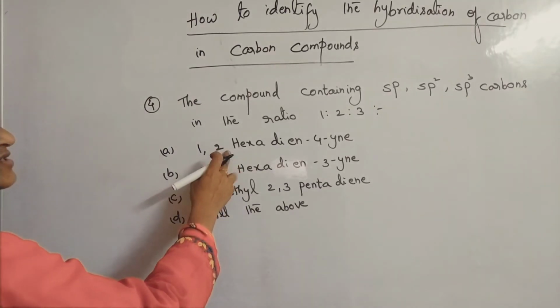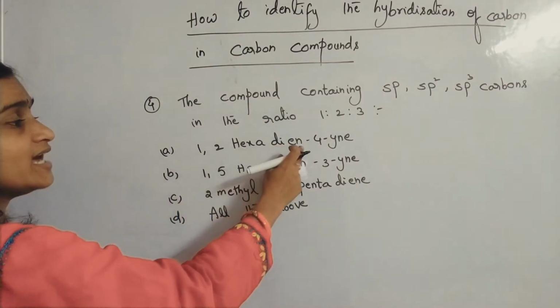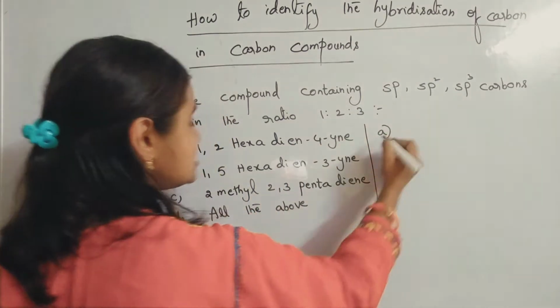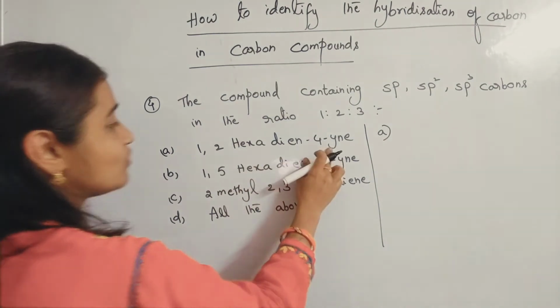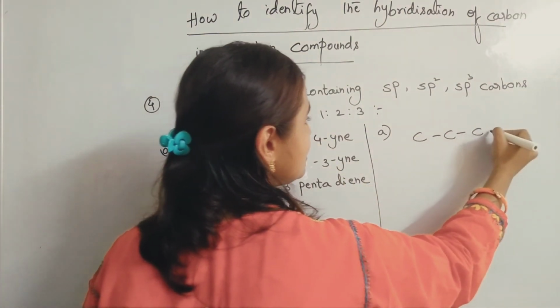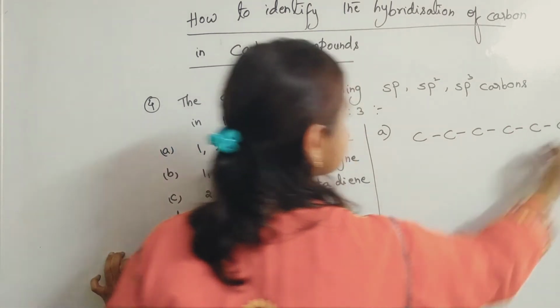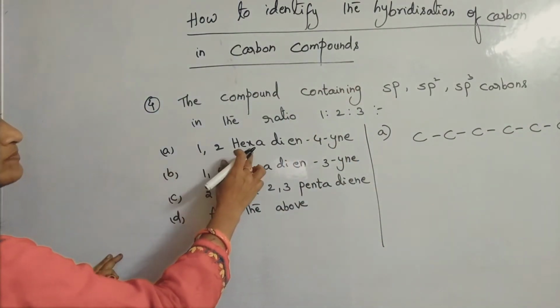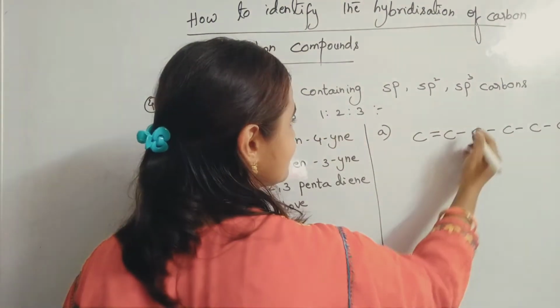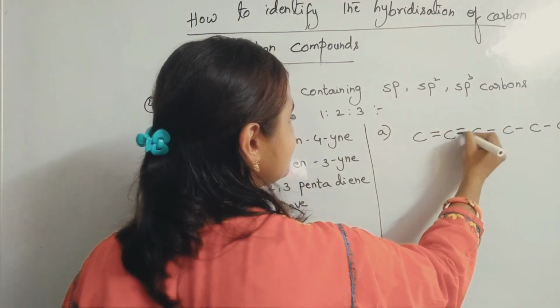So let us draw the structure for 1,2-hexadiene, 4-yne, option A. Hexa means 6 carbons: 1, 2, 3, 4, 5, 6. In the first and second positions, the diene is there.